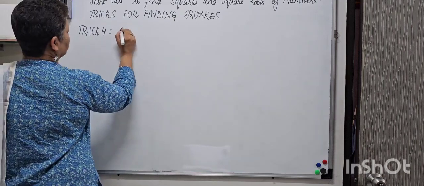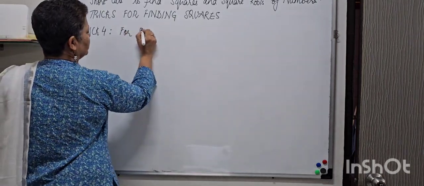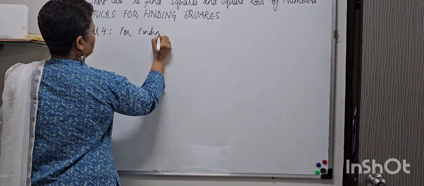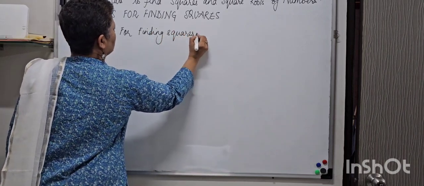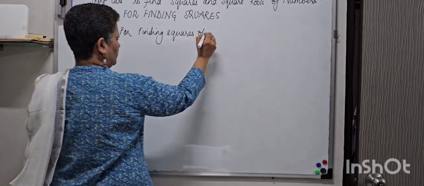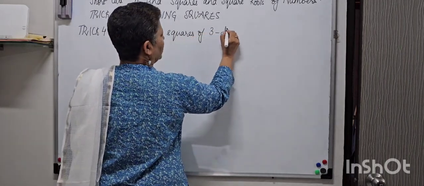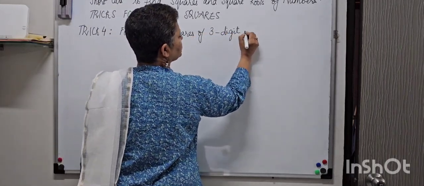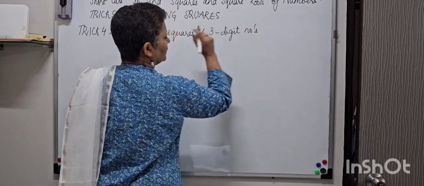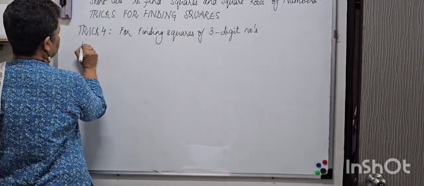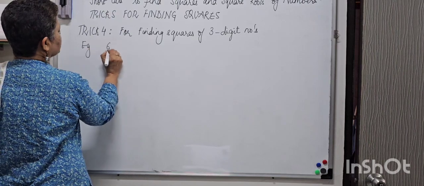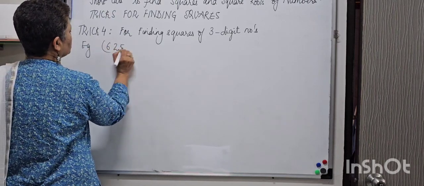So for finding squares, now let's start with an example. And let me for this take the example of 625. Example is 625 square.